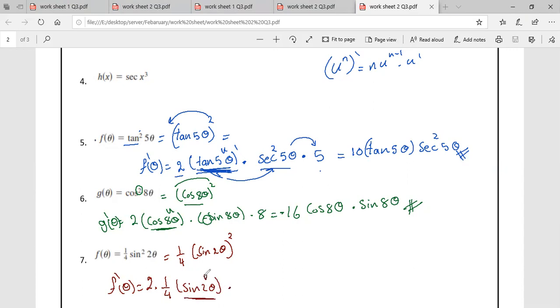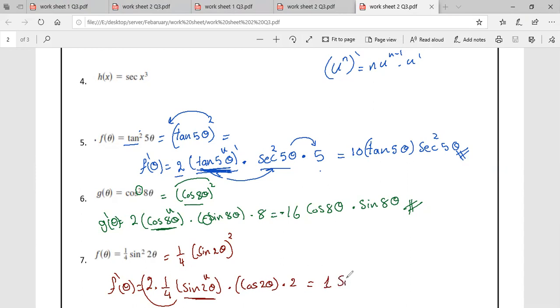Composite function. That is what? The inner function of this composite function, which is in the bracket. The derivative of sine will be cosine, but cosine what? What is the input? 2 theta. Okay, multiply the derivative of u, which is what? 2. So it will be 2 multiply 2/4, the numbers multiply together. 2 multiply quarter, multiply 2, it will be 1.